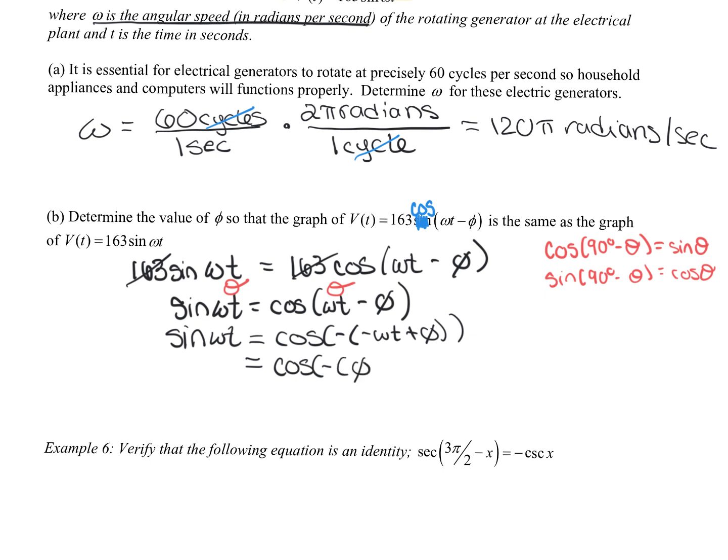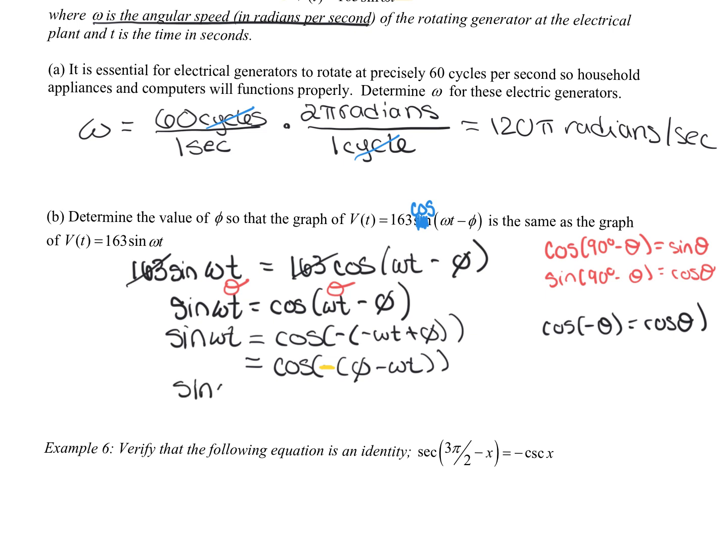Now I have phi minus omega t. And then if you remember, that negative sign is an even odd thing. So if you remember, cosine of a negative theta is cosine of theta. So I can make that negative sign go away because cosine is even.